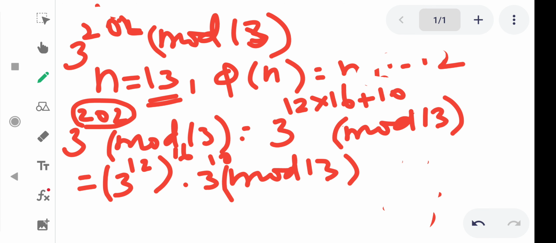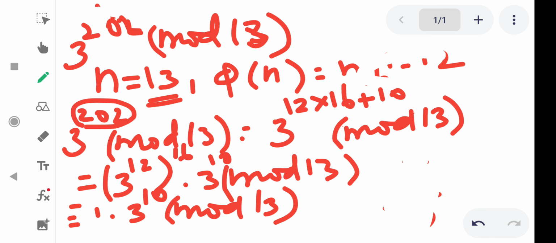So which is congruent to: 3 power 12 mod 13 is 1. So 1 power 16 is again 1. So 1 into 3 power 10 mod 13.